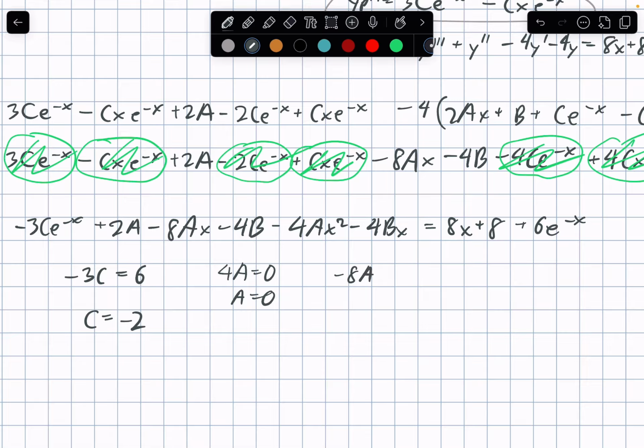Negative 8a minus 4b is equal to 8. How about the constants? 2a minus 4b is equal to 8.